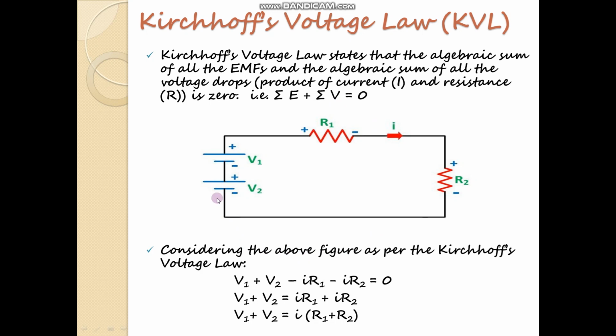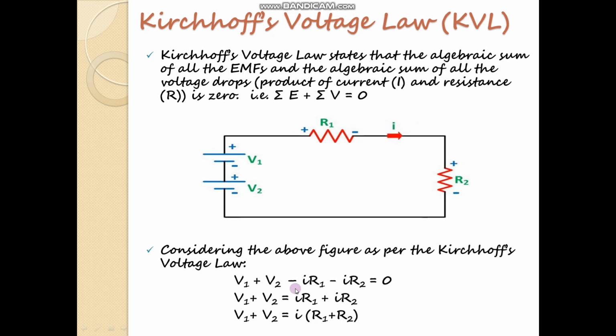When we write the voltage rise, there will be the symbol of positive, and when we write the voltage drop, we will take it as negative. Fine. So here V1 and V2, when current is flowing from V1 and V2, there is voltage rise. So V1 and V2 are positive. But when current is flowing through R1 and R2, there is voltage drop.